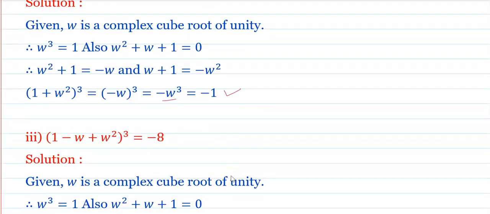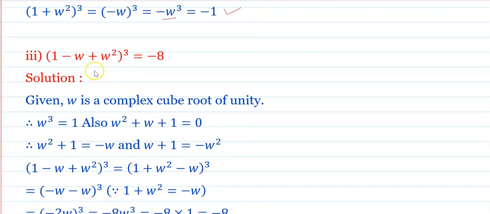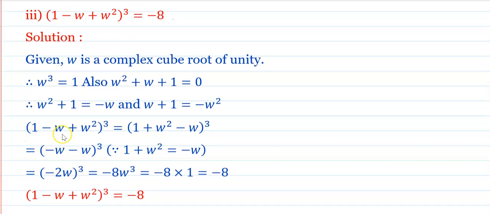Okay, easy आहे. पुढच्या क्वेश्चन मध्ये 1 minus omega plus omega square bracket cube is equal to minus 8. पुढे एक्सप्रेशन घेणार आपण डायरेक्ट इथे 1 minus omega plus omega square. लिहिताना आपण कसं लिहिणार, 1 plus omega square minus omega bracket cube.